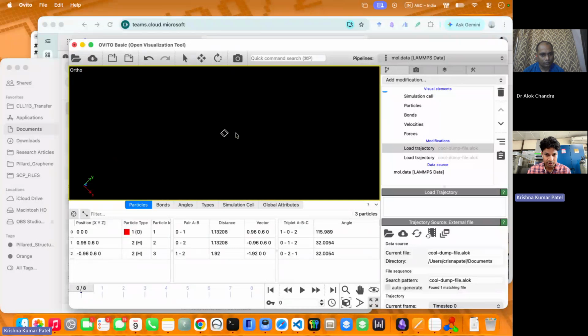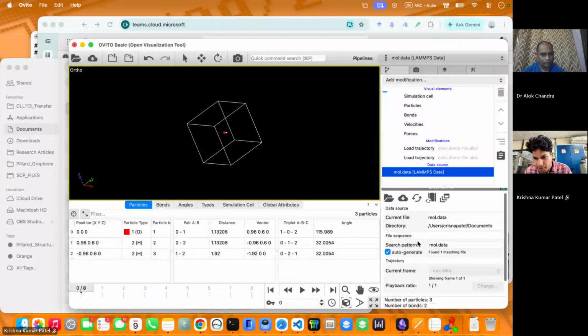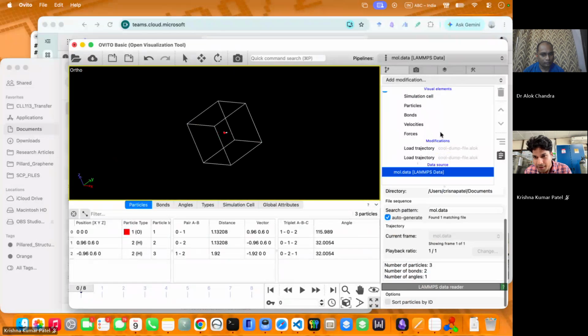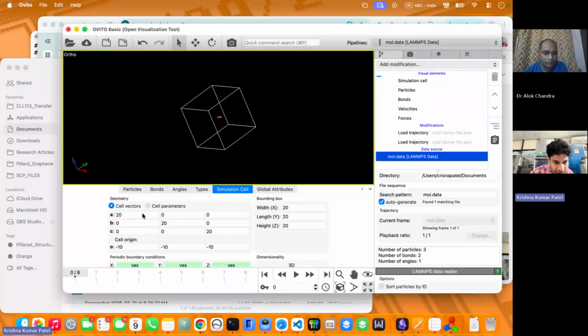Sorry, the box is definitely hopefully bigger. If you want to look at that simulation cell, where is that information? All right, no problem. There it is. You can see that it's 20, 20, 20: 10 in the negative, 10 in the positive.